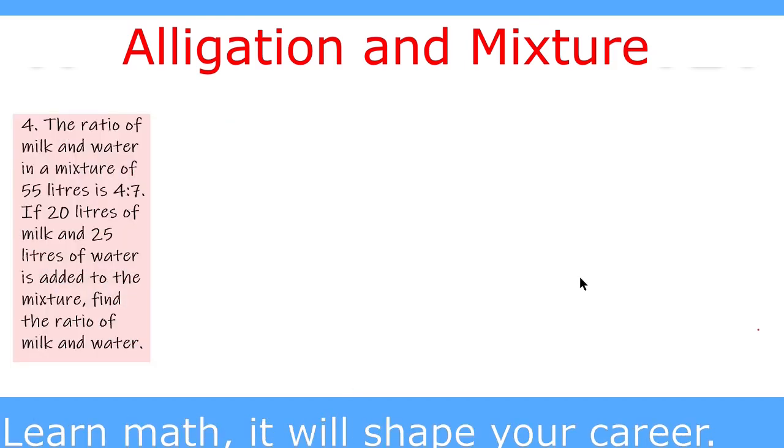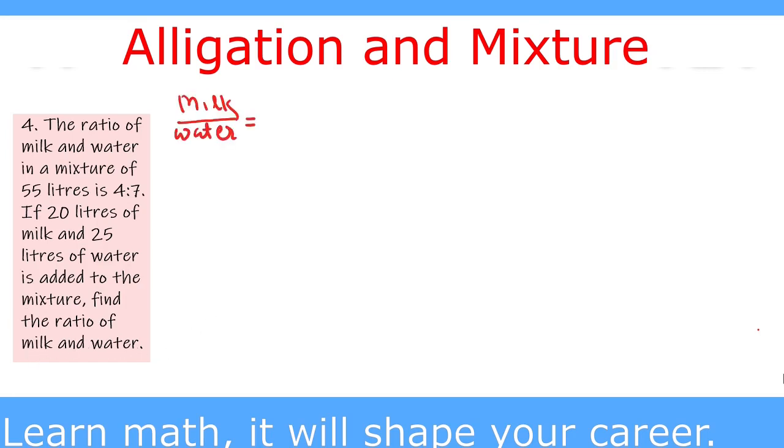We go to the next question. The ratio of milk and water in a mixture of 55 liters is 4:7. If 20 liters of milk and 25 liters of water is added to the mixture, find the ratio of milk and water.